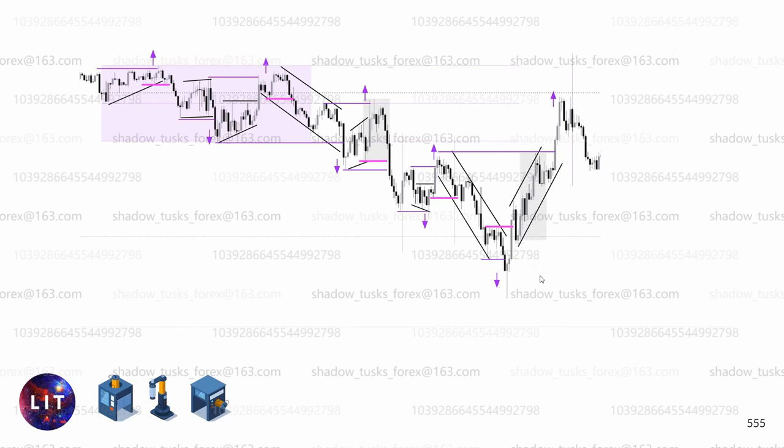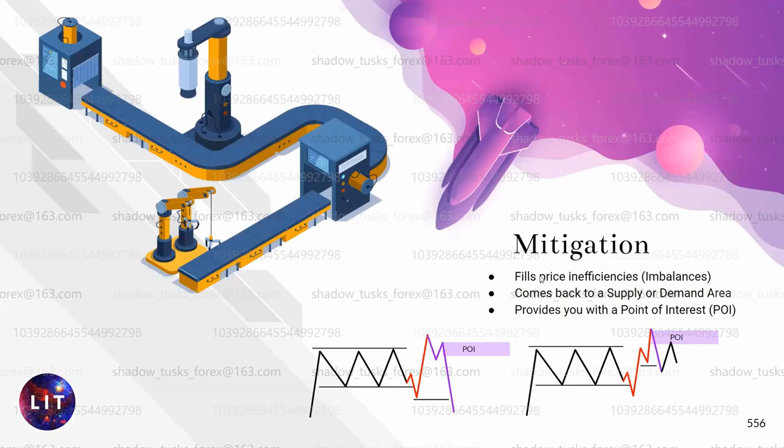So what is next? We've had liquidity buildups, inducements, break of structures. What actually allows us to get into the trade? Well, that is the mitigations. So it fills price inefficiencies. That's obviously our imbalances. Again, you need 3 candles for that.